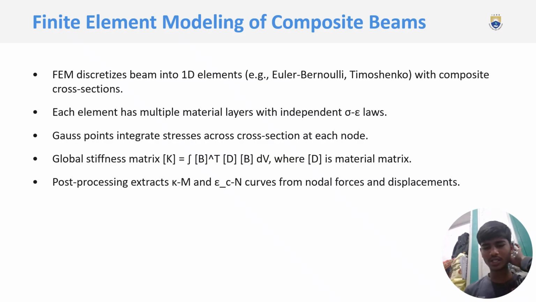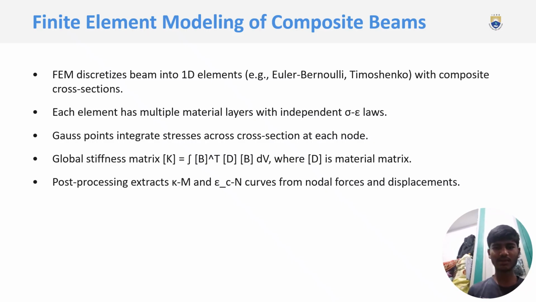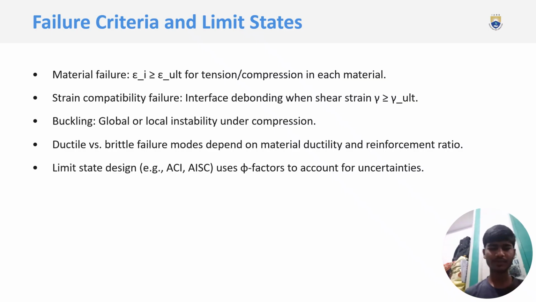Gauss points integrate stresses across the cross section at each node. The global stiffness matrix K equal to integral of B to the power of T D B dV, where D is the material matrix. Post-processing produces stress, M-k, and N-epsilon c curves from nodal forces and displacements.